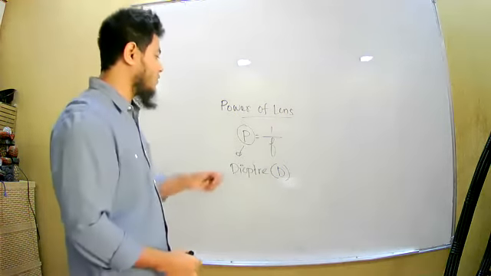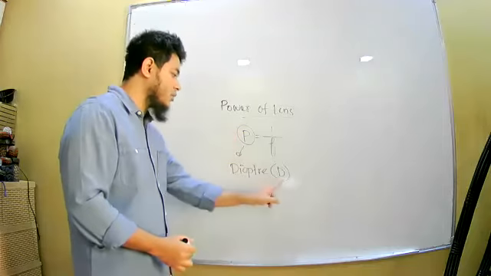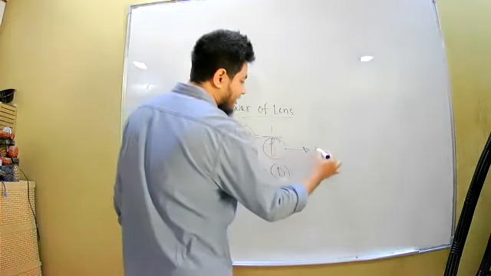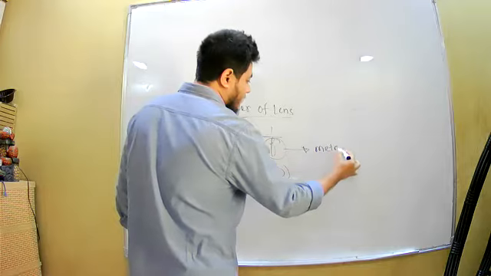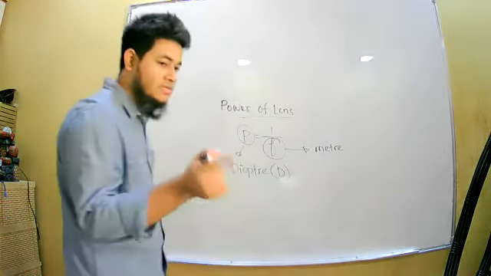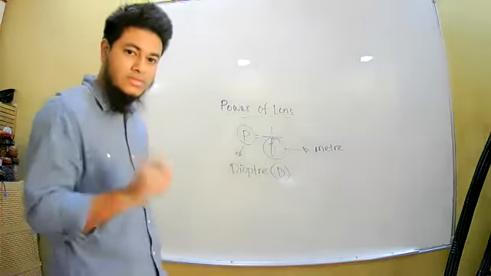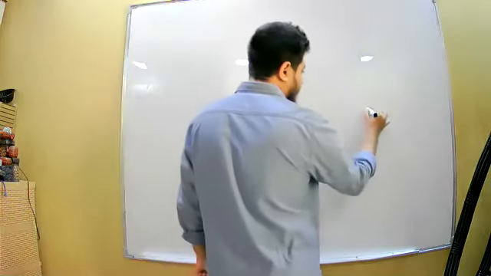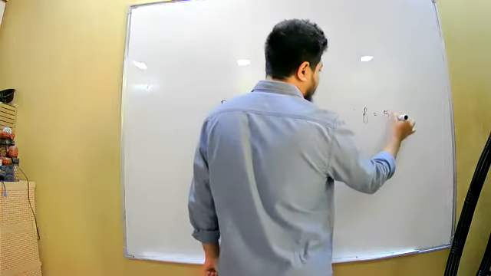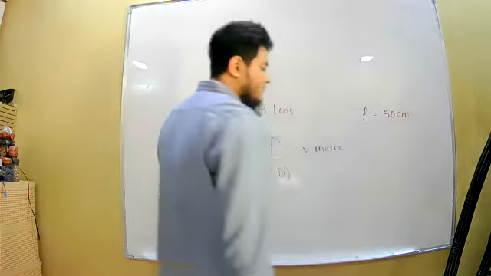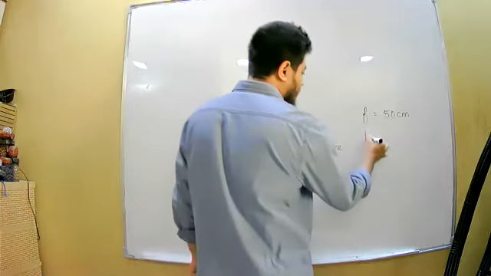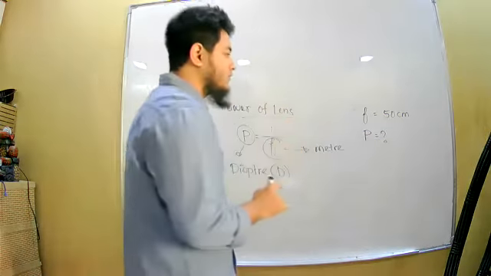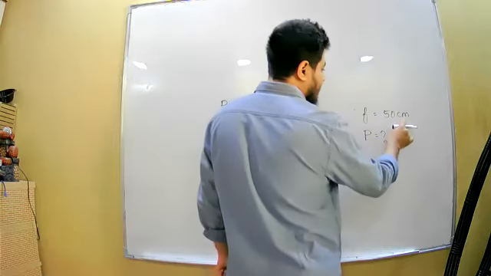But if you want to get the unit of power as diopter, you have to make sure that your focal length is in meter, not in centimeter, not in kilometer. Please remember. If I give you that the focal length of a lens is 50 centimeter, and I ask you to calculate the power of the lens, the first thing you have to do is convert this centimeter into meter.